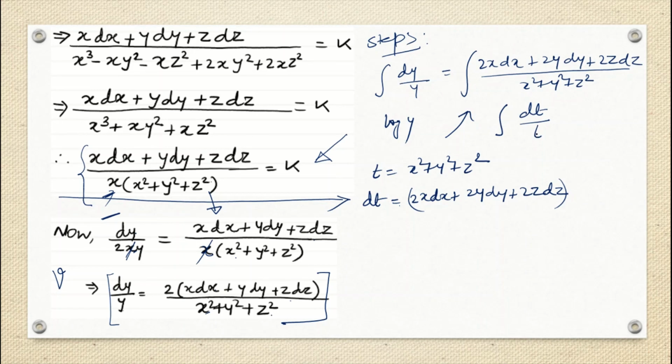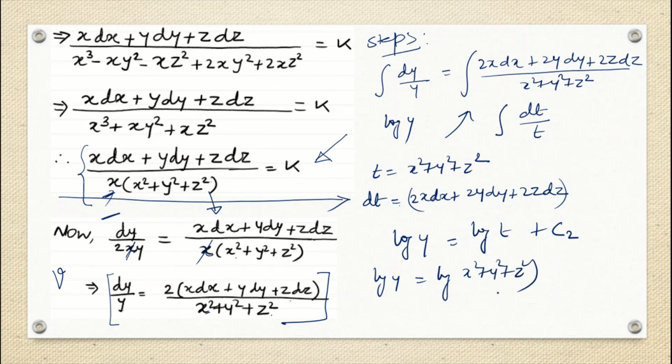So my left hand side is log y and the right hand side is log t plus c2, because c1 we have already used. So log y equals log of x square plus y square plus z square plus c2.